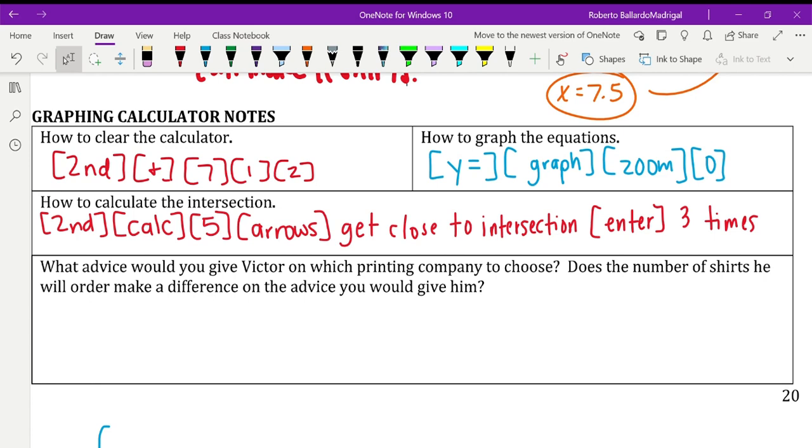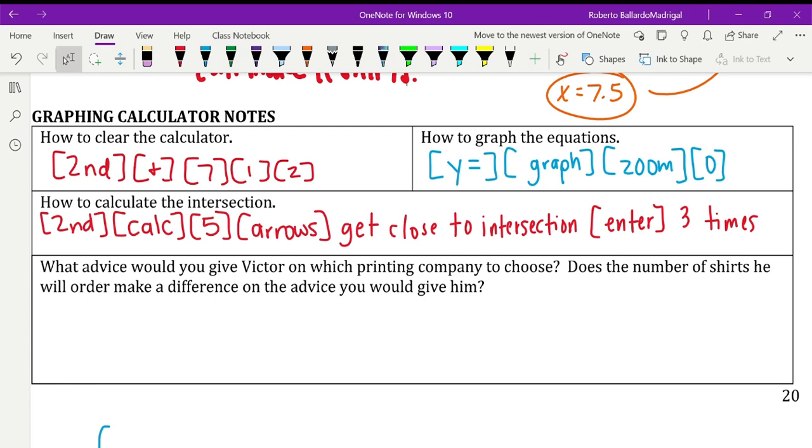Y equals 7x plus 15 and 5x plus 30. All right, is anyone having issues with this?